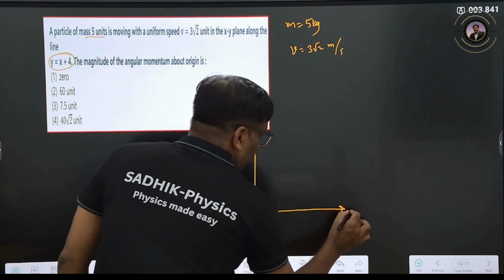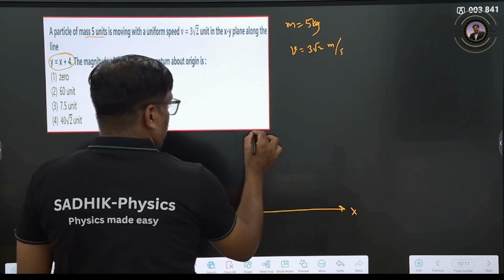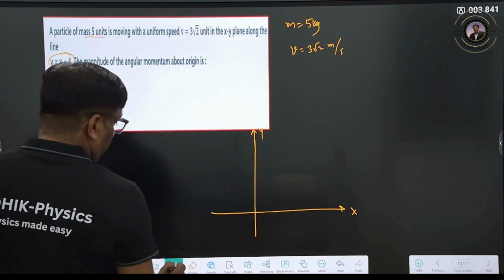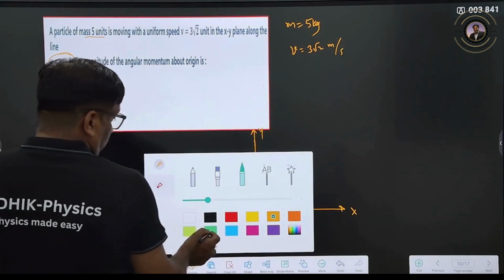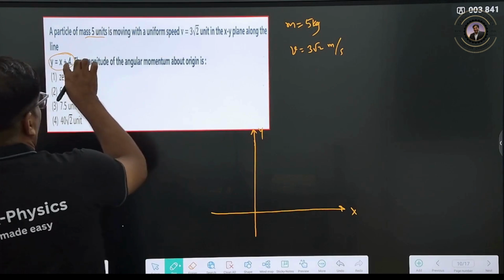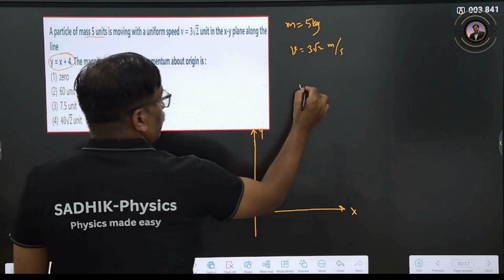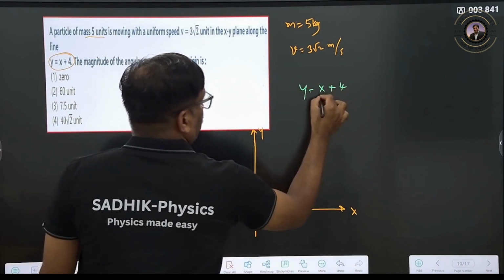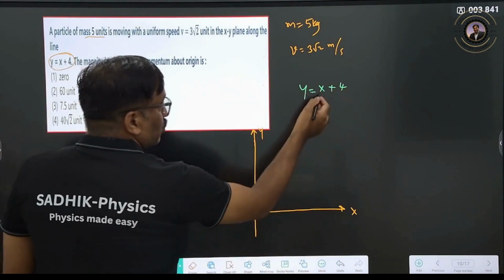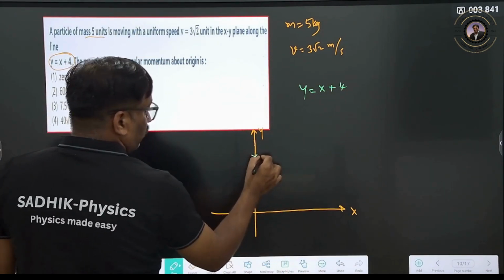This is your x axis and this is your y axis. How is it going? If x is 0, then y is x plus 4, so y equals 4, that means it is 4.